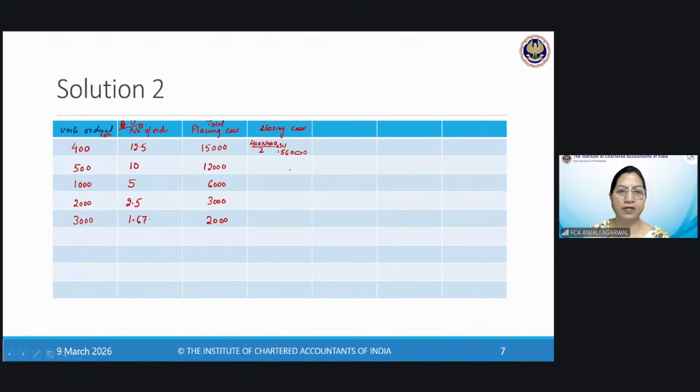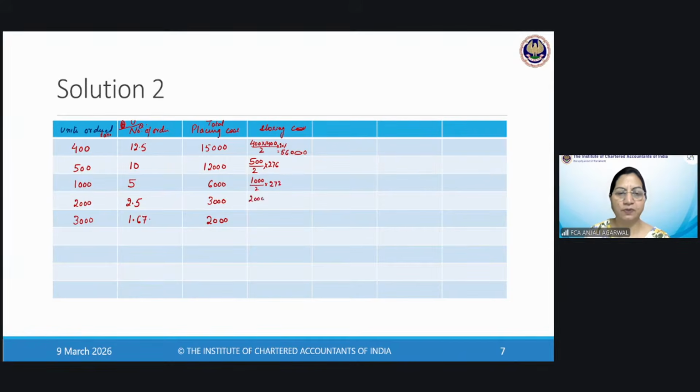Alternatively, you can calculate 20% of 1380, which will be 276. And when you are ordering 500 units, on an average, you are holding 250 units, and 250 into 276. Then 1000 divided by 2 into 272.